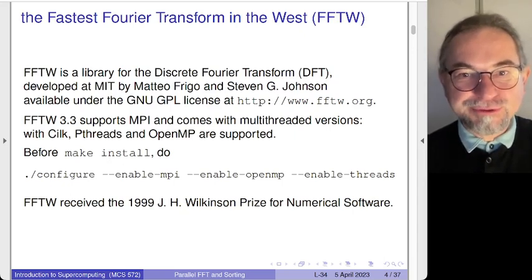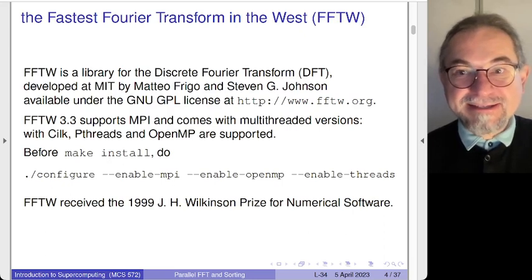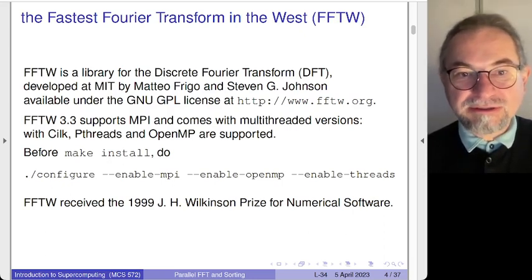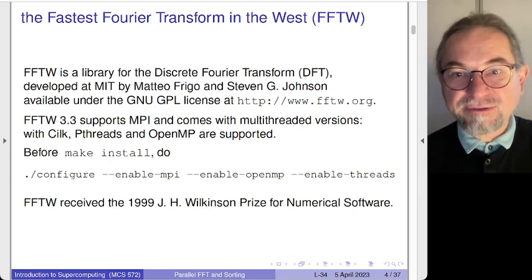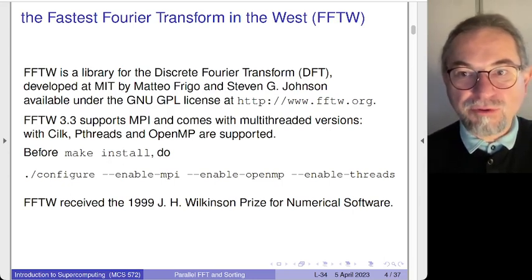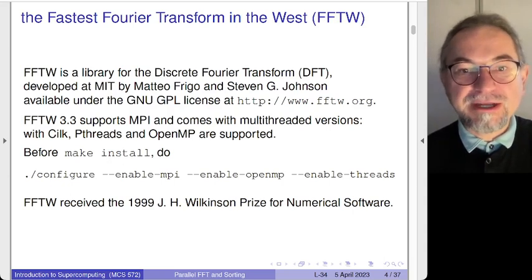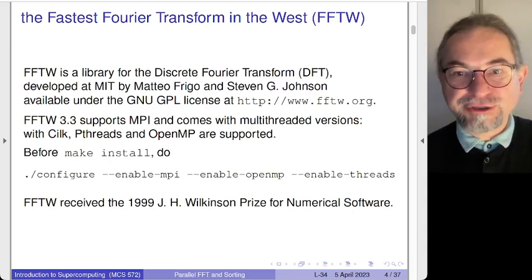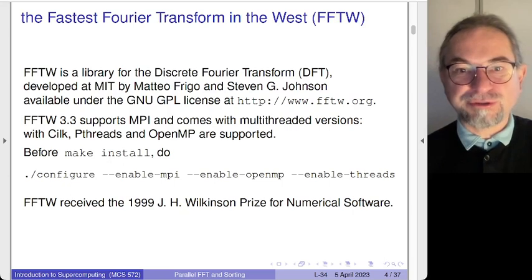And what is important for us here is that it enables message passing and OpenMP and multi-threading. So if you are installing this on your computer, here is the configuration at which you should install it, especially in the context of this course.